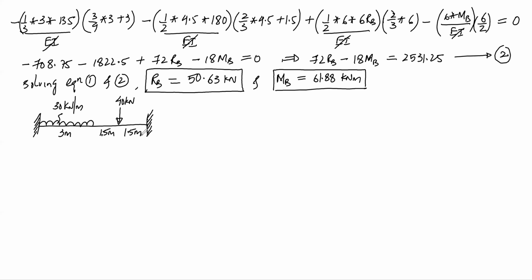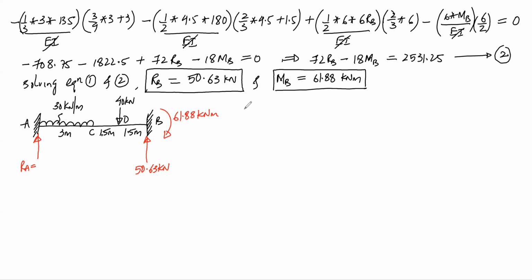This is A, B, C, and D. So now we have determined reaction RB as 50.63 kilonewtons, and this moment is 61.88 kilonewton meter. Now we can also calculate the reaction at A. So let us say this is RA.